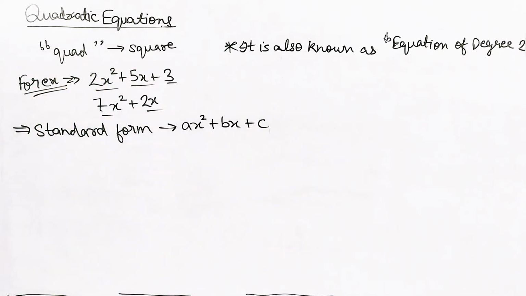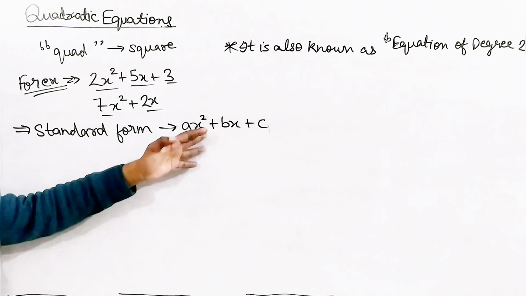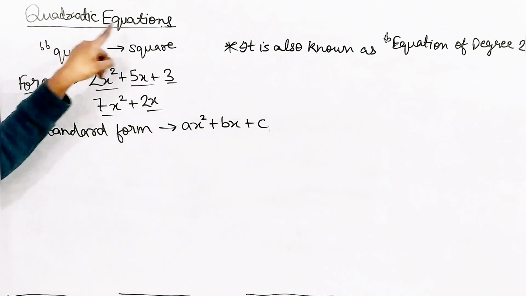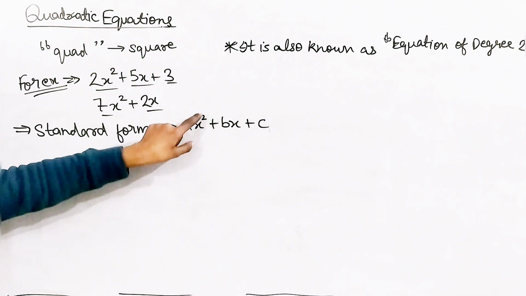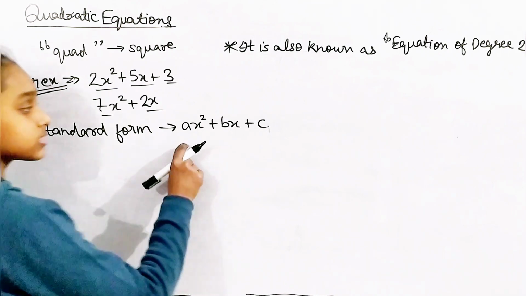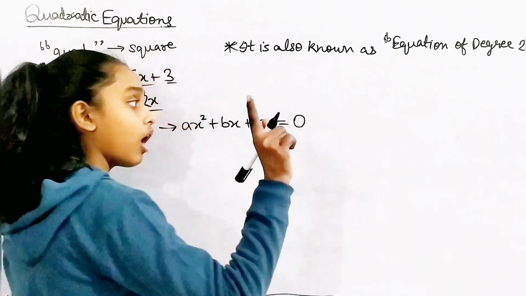An equation in the form of ax squared plus bx plus c is called a quadratic equation, because it's related to this x squared thing, right? Okay, so an equation which will be equal to 0.